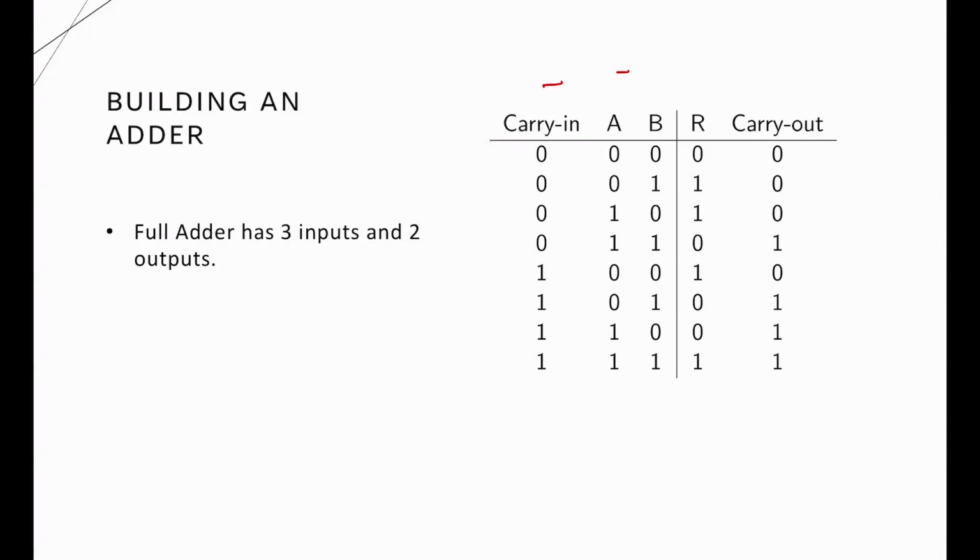So same here, you write the equation from where the output is 1. For the summation, you can write it straight from the truth table. It's 1 when CAB is 0, 0, 1. So the sum equals 1 when C is 0, A is 0, and B is 1.